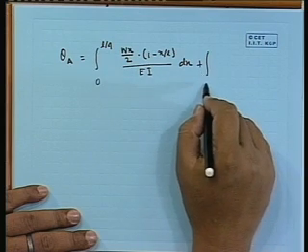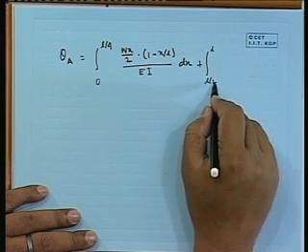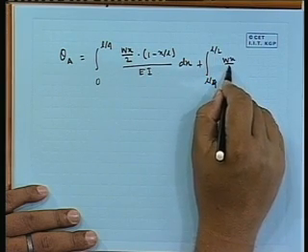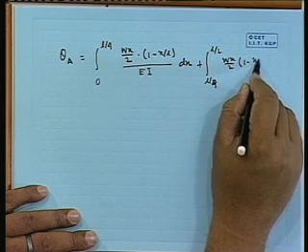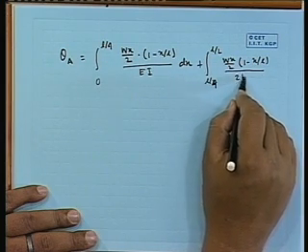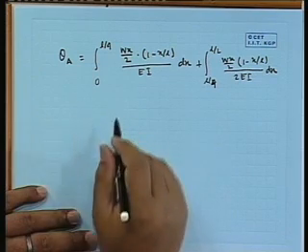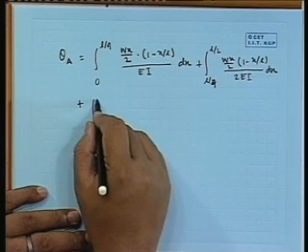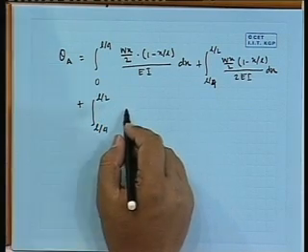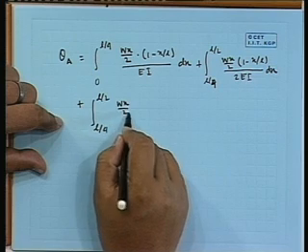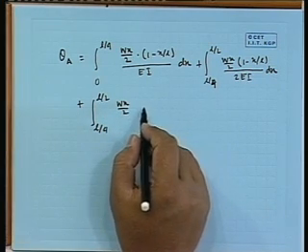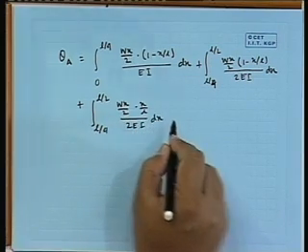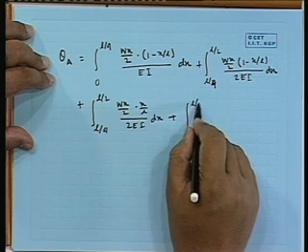This plus the integral from L by 4 to L by 2, Wx by 2, 1 minus x by L, 2EI dx, plus the integral from L by 4 to L by 2, Wx by 2 and here x by L, 2EI dx, plus 0 to L by 4.